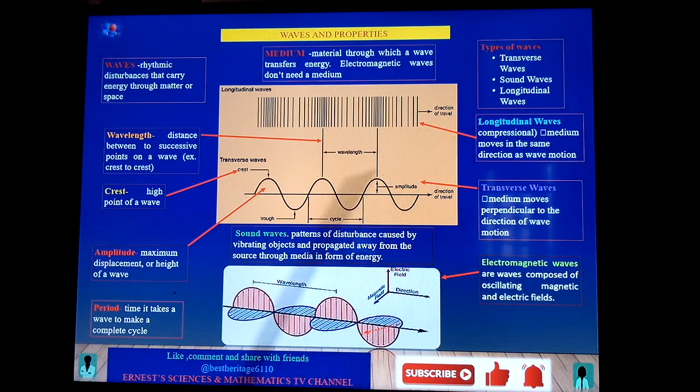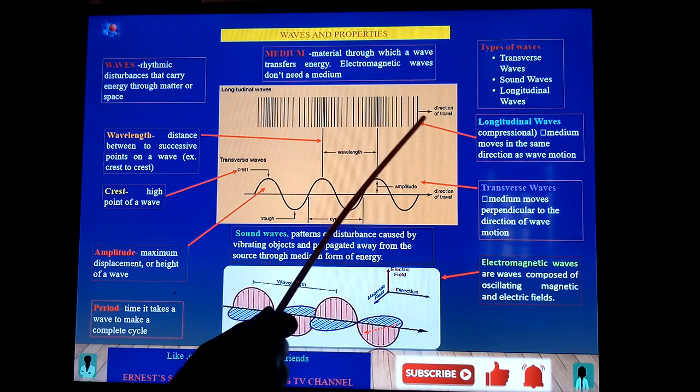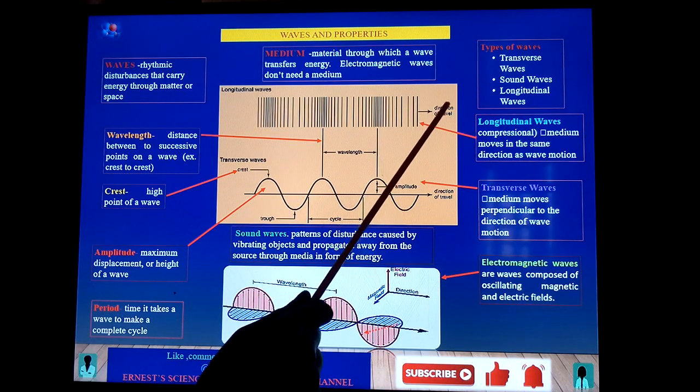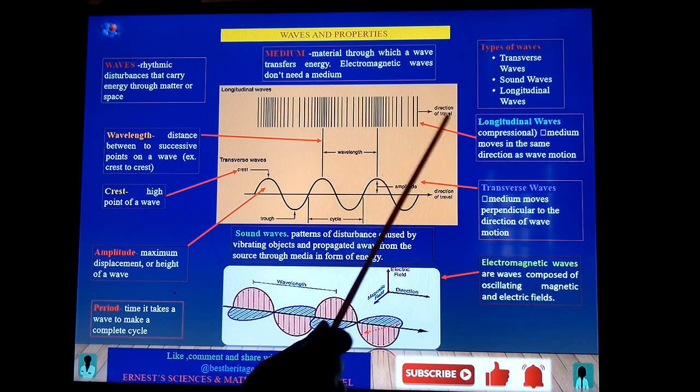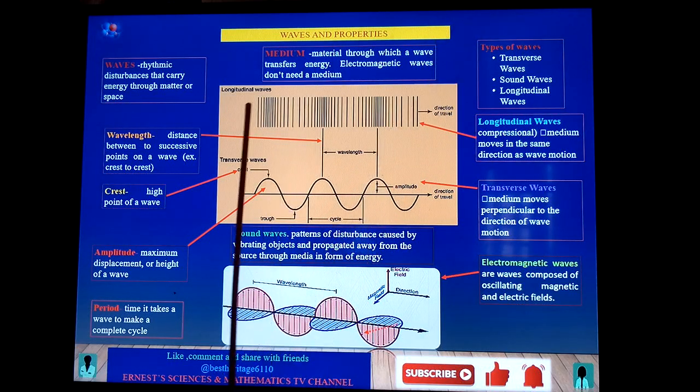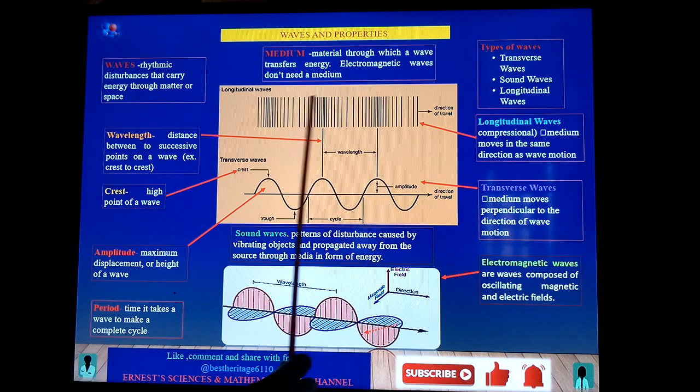They are different from transverse waves in that the medium moves in the same direction as the wave moves. This arrow indicates the direction of travel. We can see that there are some lines which are relatively closer to one another as compared to some sections where the lines are relatively further apart.